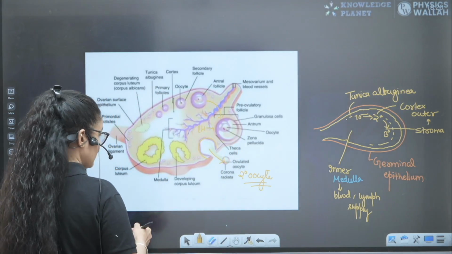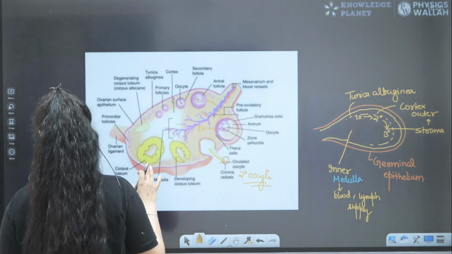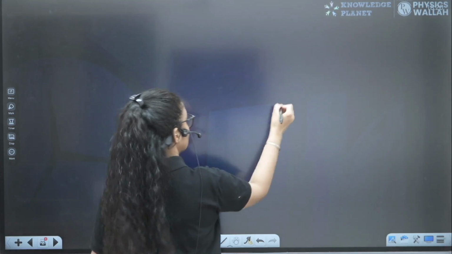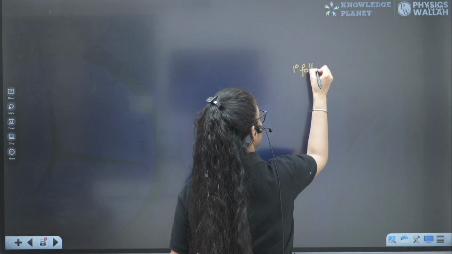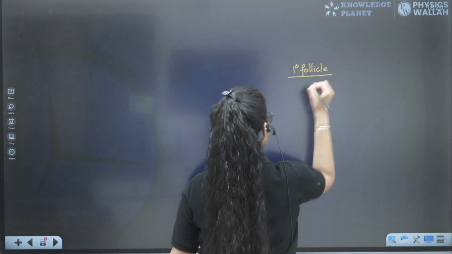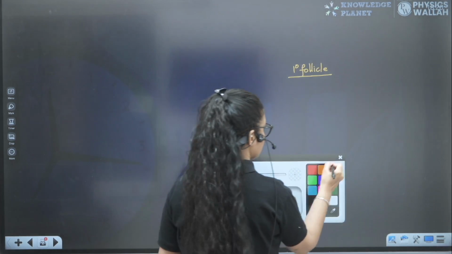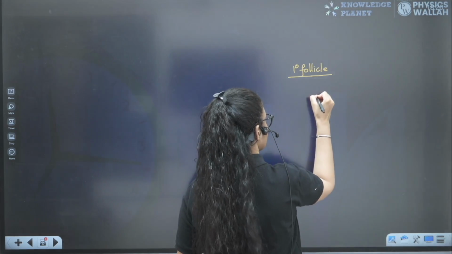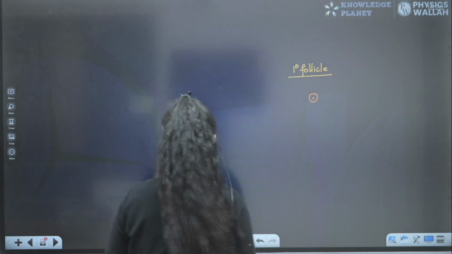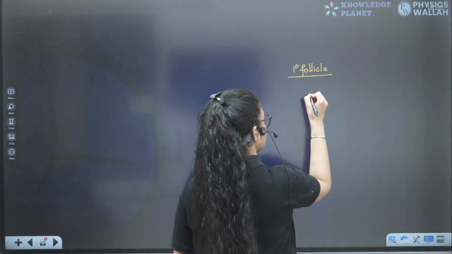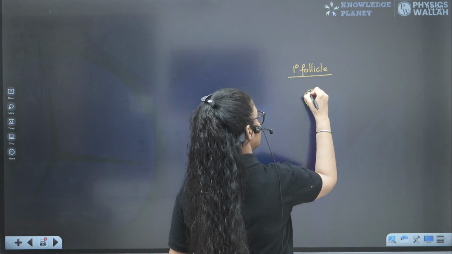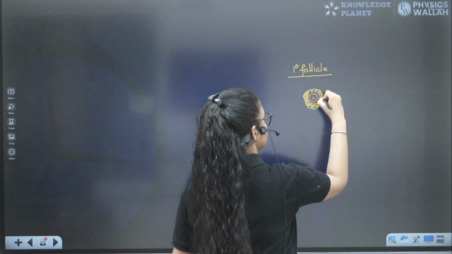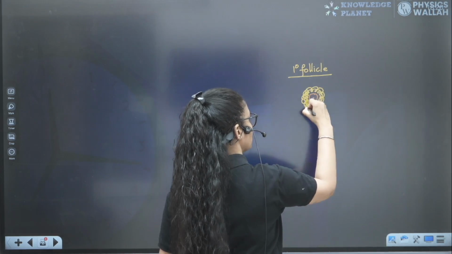So let's see what happens in the primary follicle. Primary follicle means, see, suppose this is the primary oocyte, and this primary oocyte is covered with a special cell known as granulosa cell in the ovary.